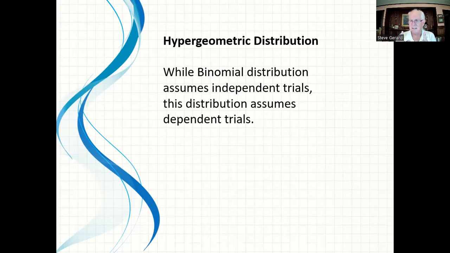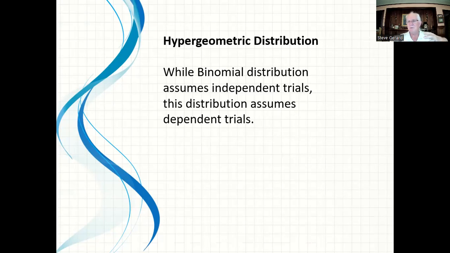In some cases these are not exactly independent events. I don't know what the airlines do about that, but in some cases they might apply a hypergeometric distribution for that kind of setting, where there is not complete independence between the events. Flipping a coin, flip one, flip two, those are absolutely independent events.